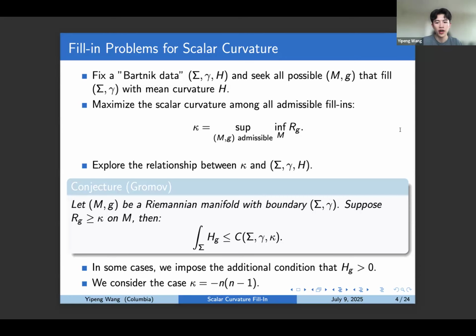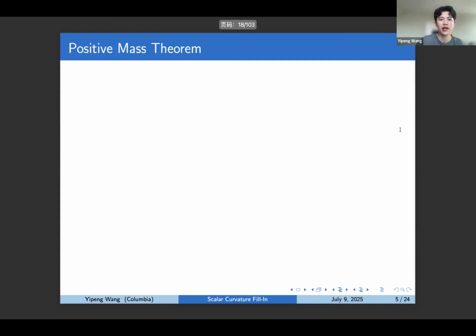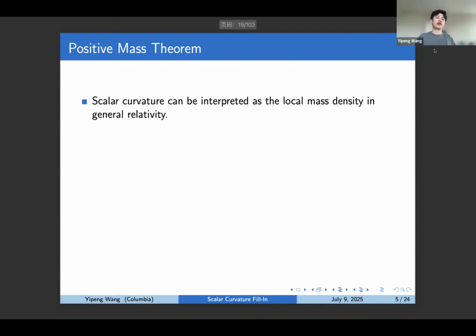Okay. So before I move on to study some specific cases of this conjecture, let me take a small digression to an alternative aspect of this problem, which is from the perspective of relativity. I'll just give a very general introduction.